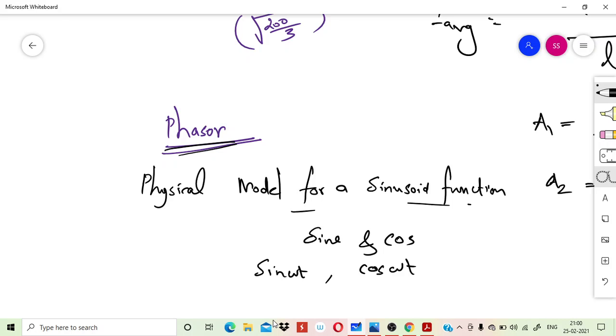These two are known as the sinusoid functions in general. So you have to have a physical model for sinusoid functions. What is exactly a sinusoidal function?